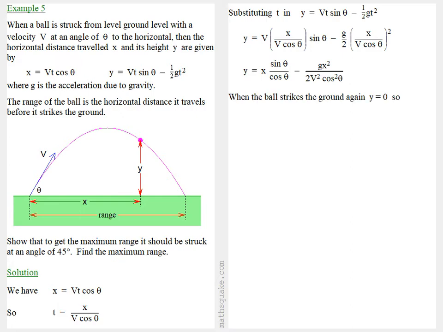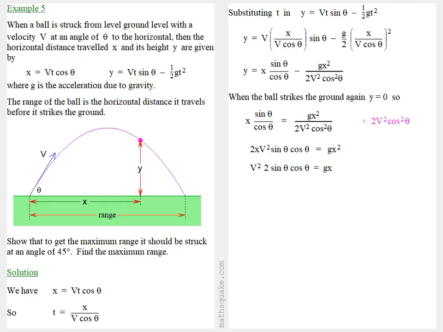Now when the ball strikes the ground again, we have y = 0. So we can write x times sin theta over cos theta equal to gx² over 2v² cos² theta. And if we multiply all the way through by 2v² cos² theta, this simplifies to 2xv² sin theta cos theta = gx².